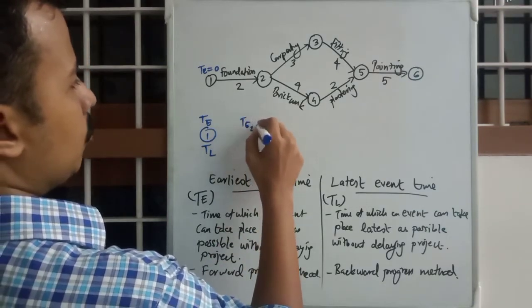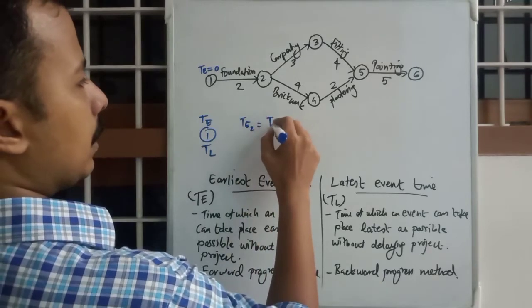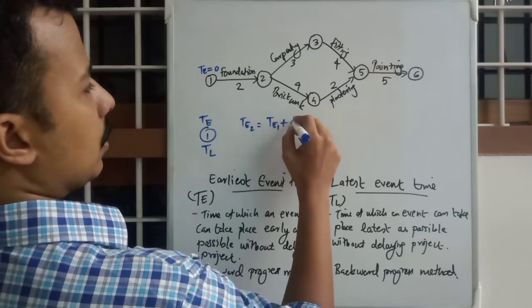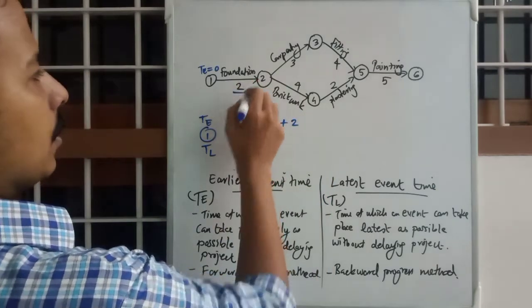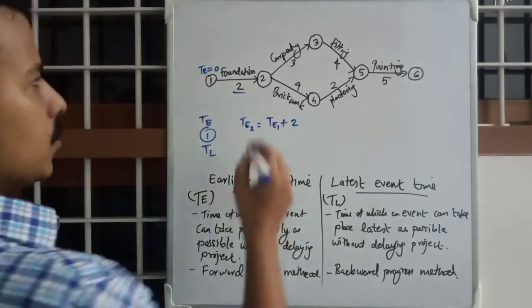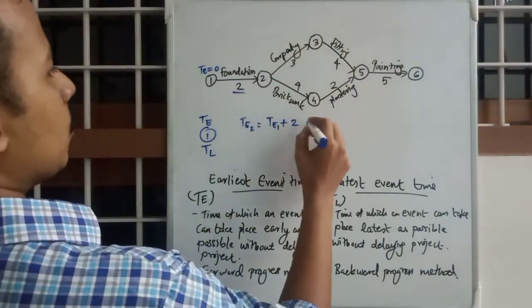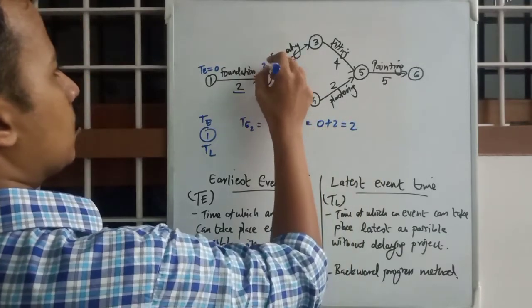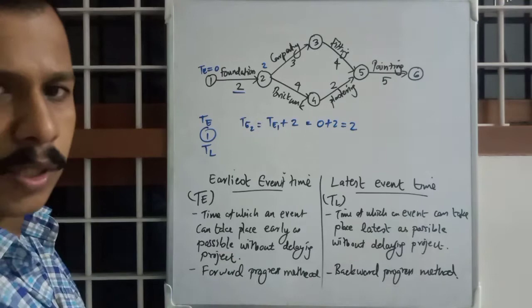TE of 2 will be equal to TE1 plus 2, where 2 is the duration of the 1, 2 activity. So 0 plus 2, that is 2. We will just add those up, that's it.